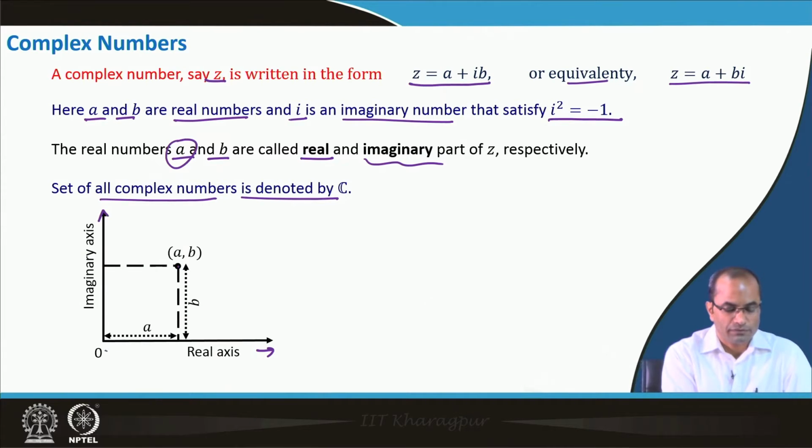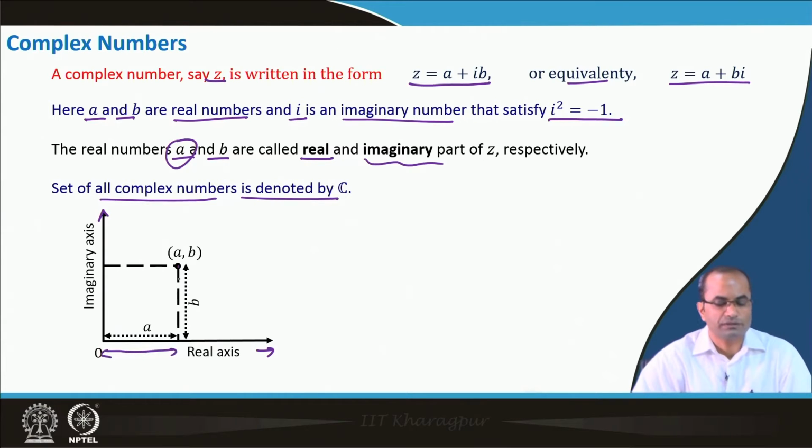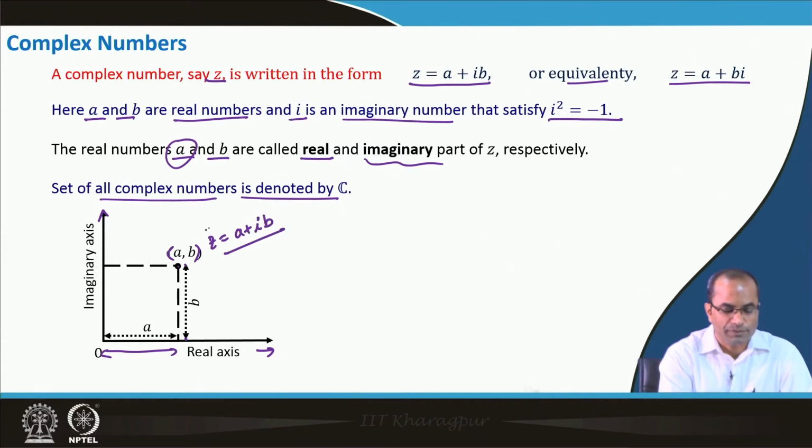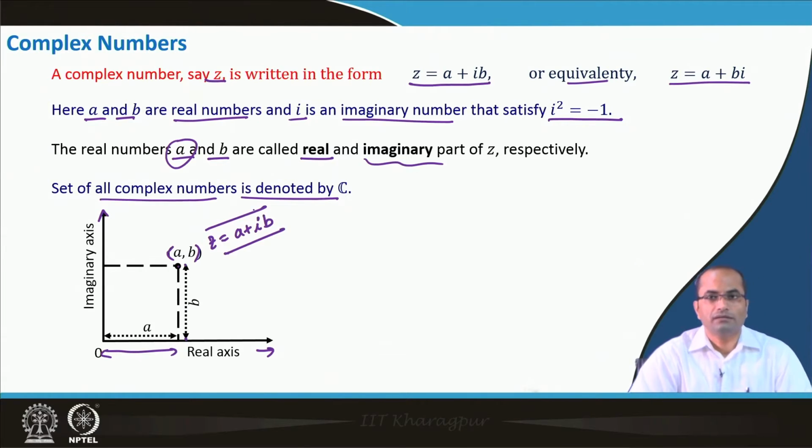Here we have a, the component in the real axis, and b, which is the imaginary part of z, the distance from the real axis to this point. So, this is a point (a, b) in this two-dimensional plane, which is the complex number a plus i b.